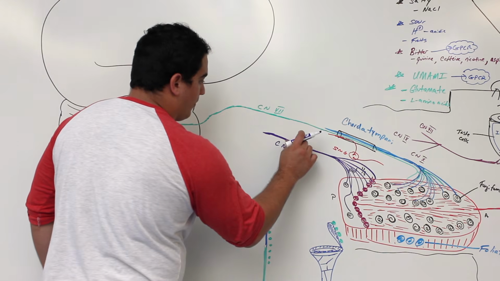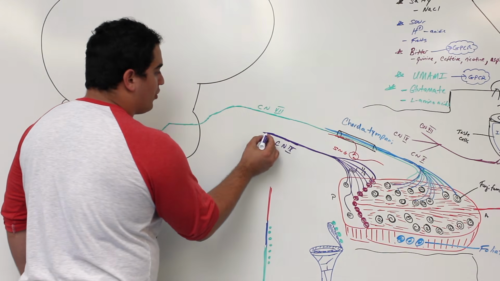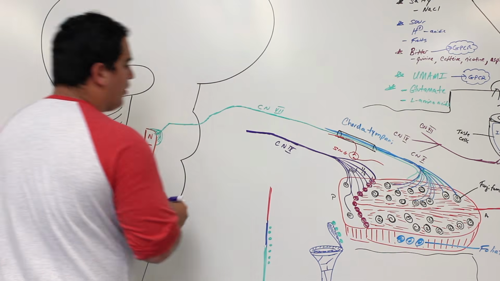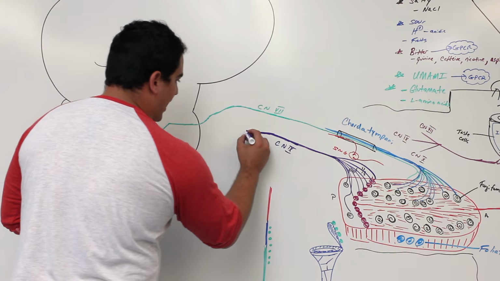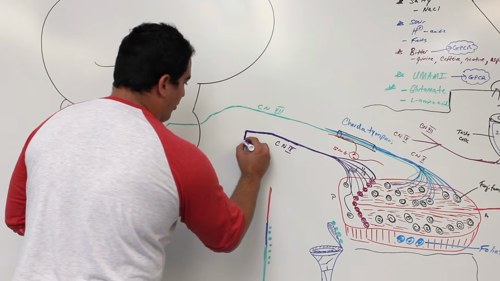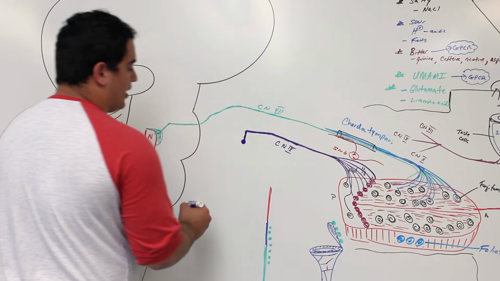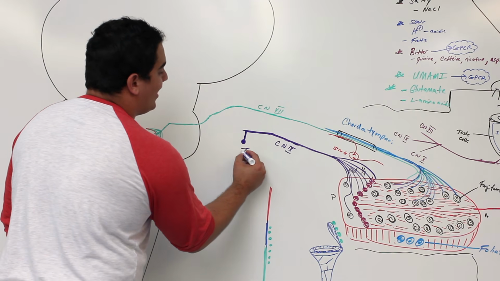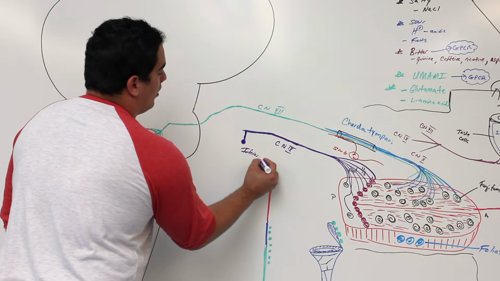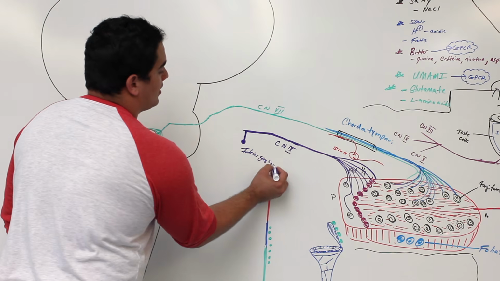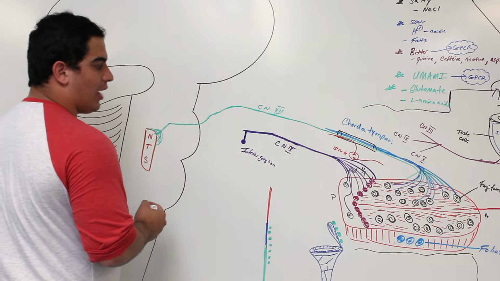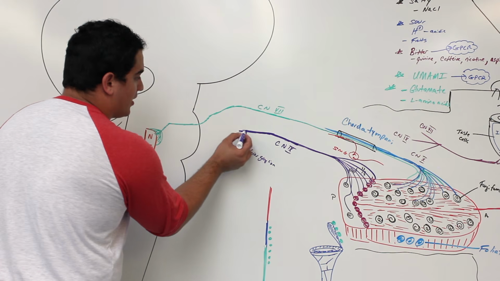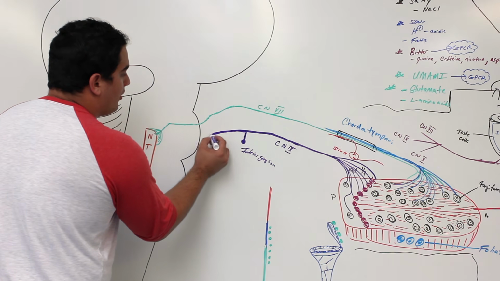Okay, now, the glossopharyngeal nerve will actually run through two different types of ganglia. This ganglion is going to be called the petrosal ganglion, or the inferior ganglion. That's where the cell bodies of these peripheral processes are, and then the central processes are going to move into the medulla.